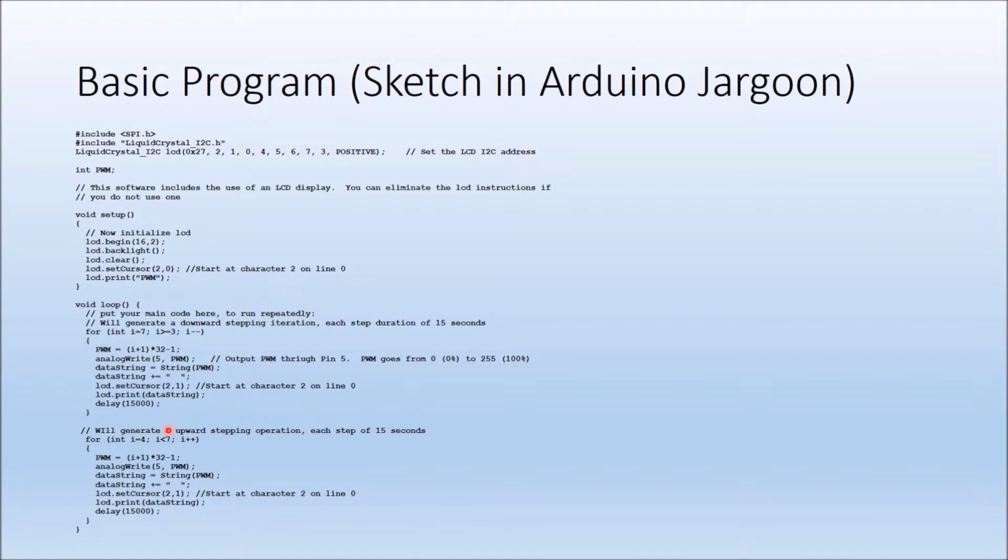What I'm doing here is generating a downward stepping iteration. I start at approximately 100% duty cycle. 100% duty cycle is obtained by using the analogWrite function for pin 5 with a PWM value.